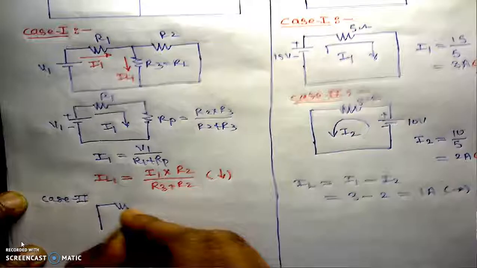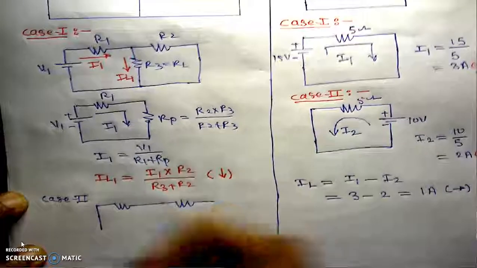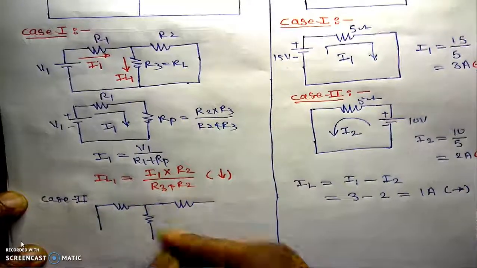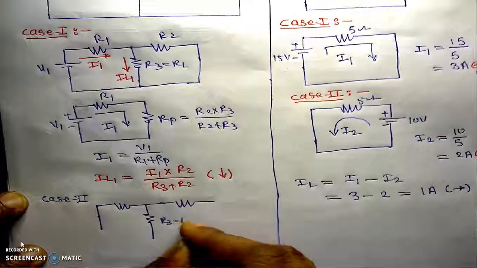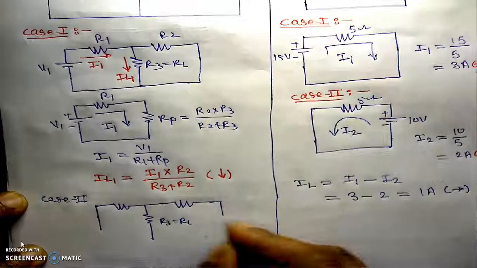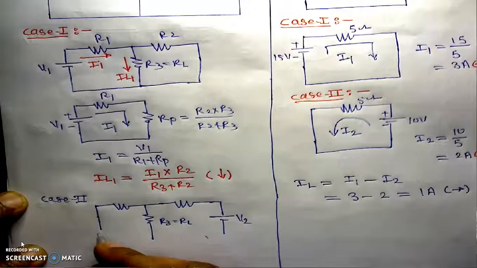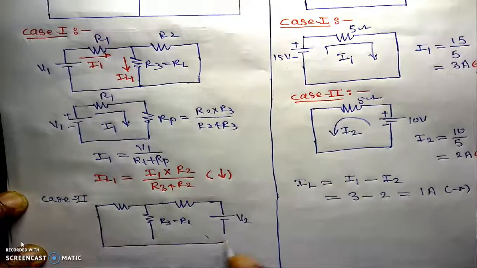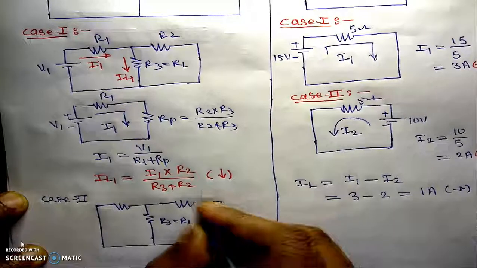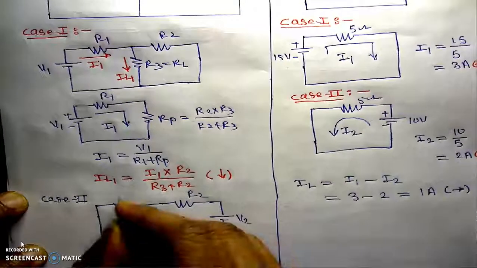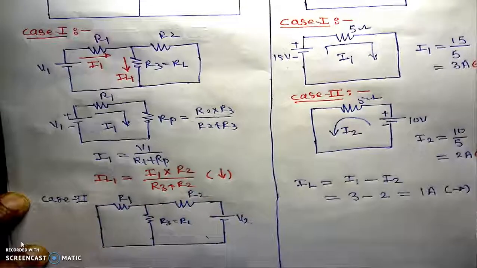This will be the figure. Here R3 is equal to RL, and here is the value of the source, which is V2. Here it is R2. This is R1 again.